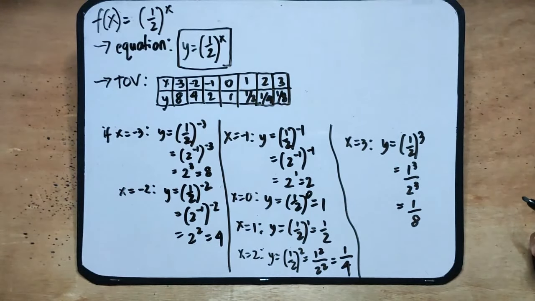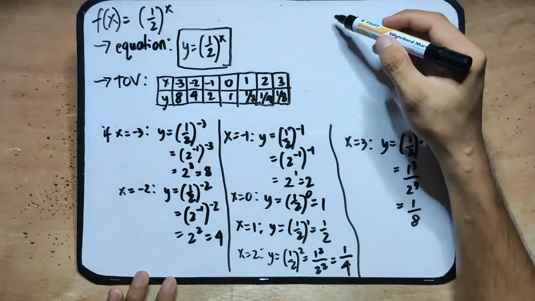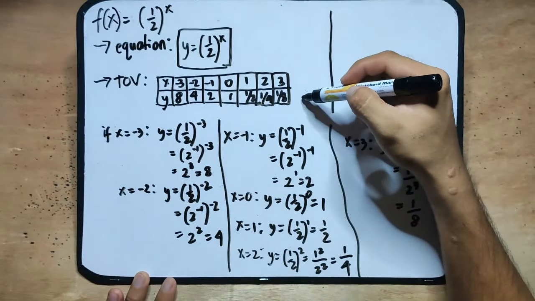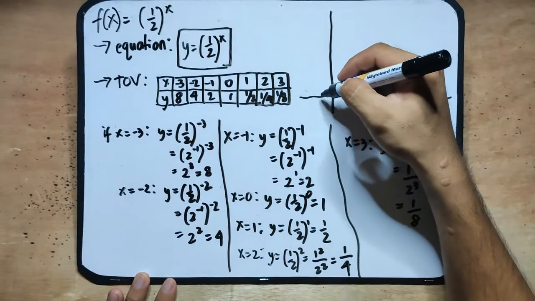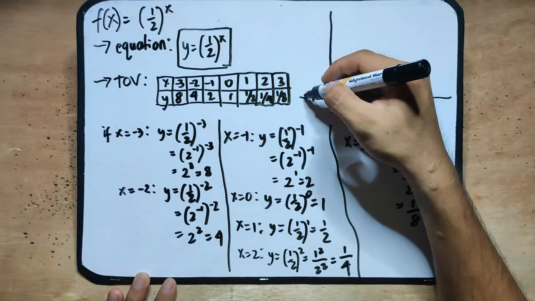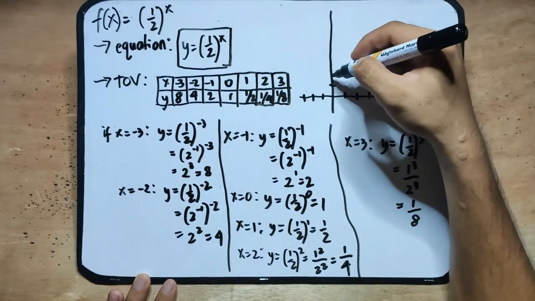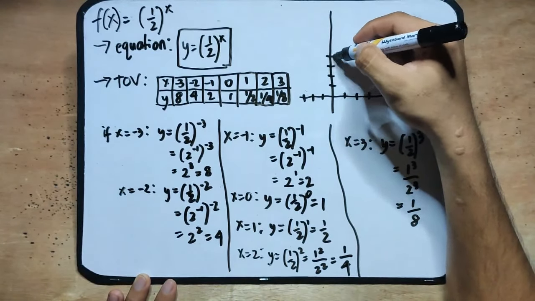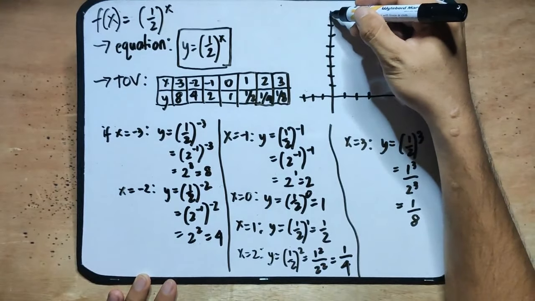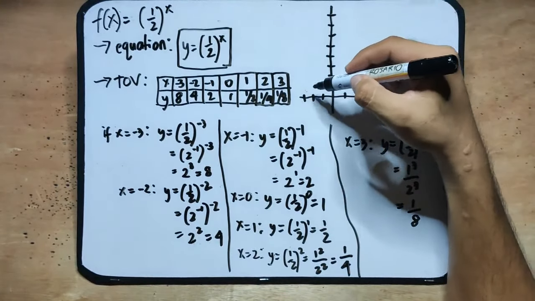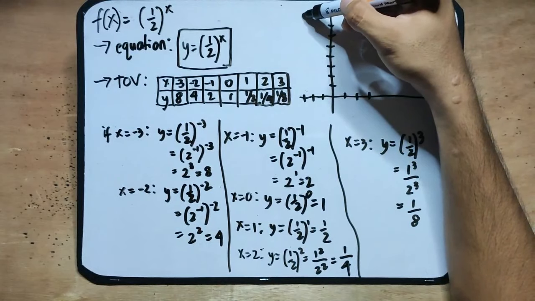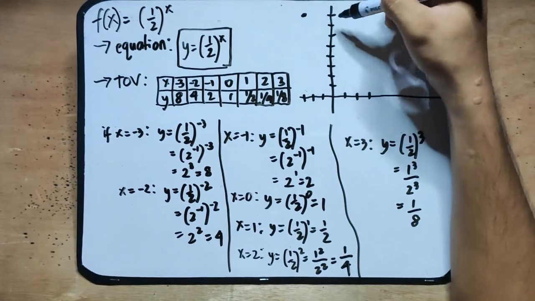So, for the graph, syempre kailangan nating mag-draw ng ating Cartesian plane. So, this will be -3, -2, -1, 1, 2, and 3. And dito, hanggang 8. 1, 2, 3, 4, 5, 6, 7, and 8. If x is -3, y will be here, +8.